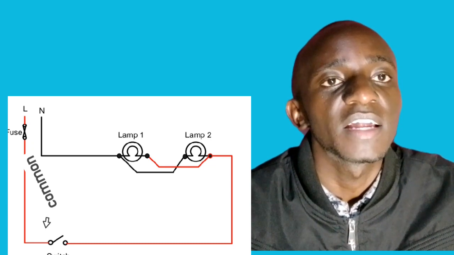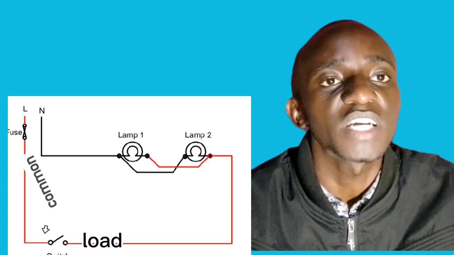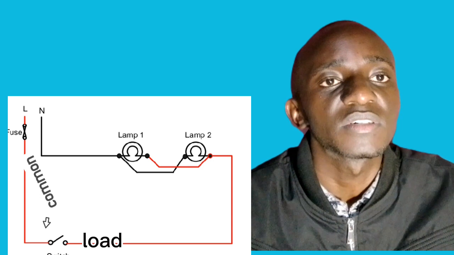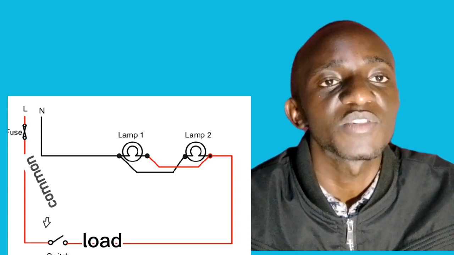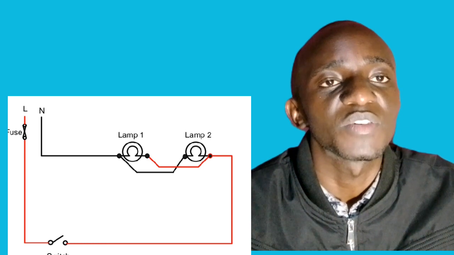Then the load part of the switch, because a one-way switch has 2 terminals. One terminal is the supply terminal, which we are calling common, and the other terminal is the load terminal, which should move to the load.